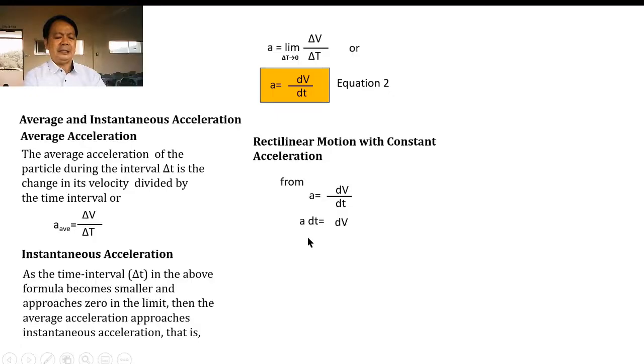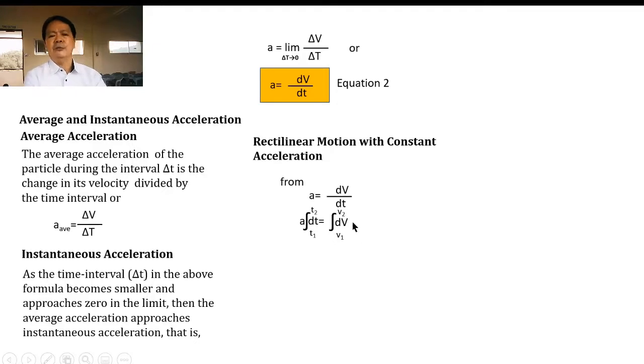If a is constant, then we can integrate both sides of the equation with a taken out of the integral sign. The left hand side is integrated from the initial time of observation t sub 1 to the final time of observation t sub 2, while the right hand side, dv, is integrated from v sub 1, the initial velocity, to v sub 2, the final velocity.